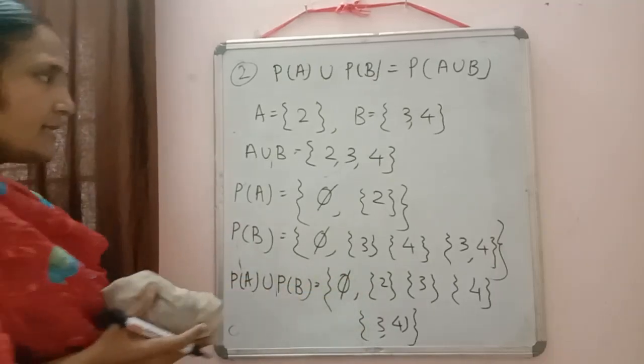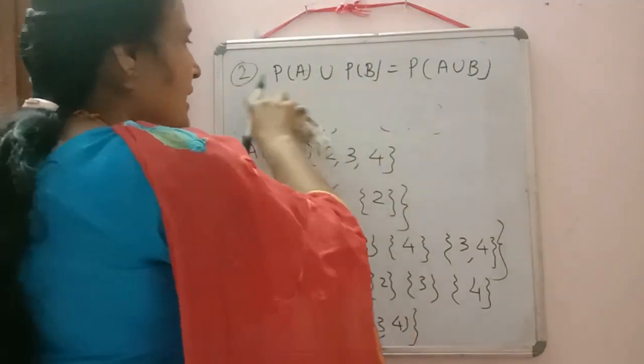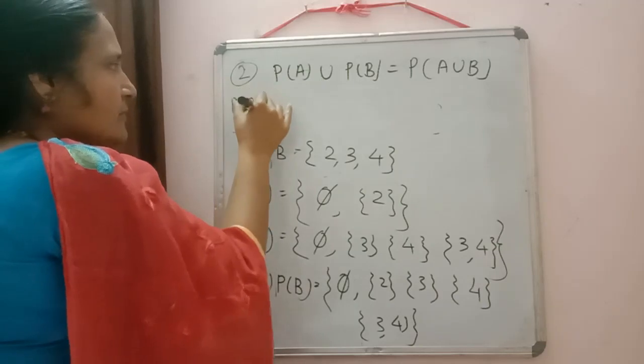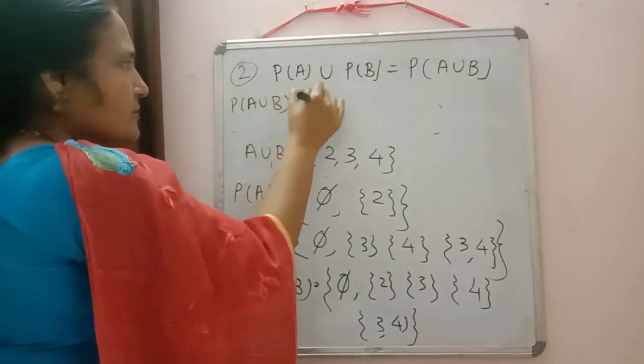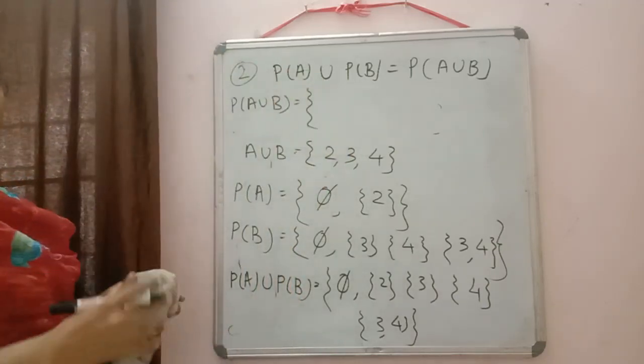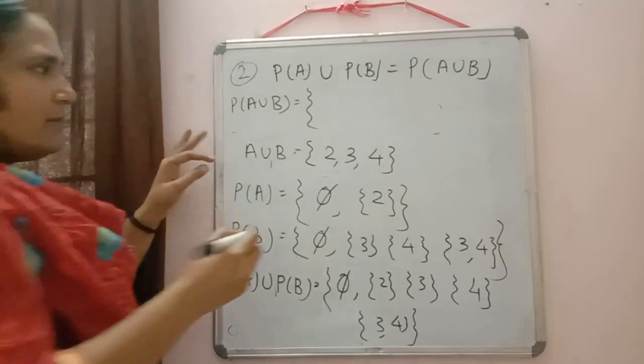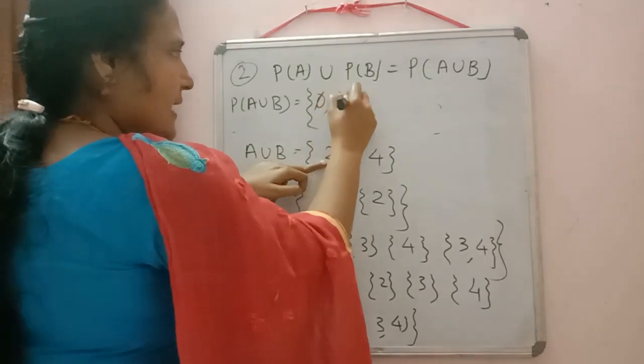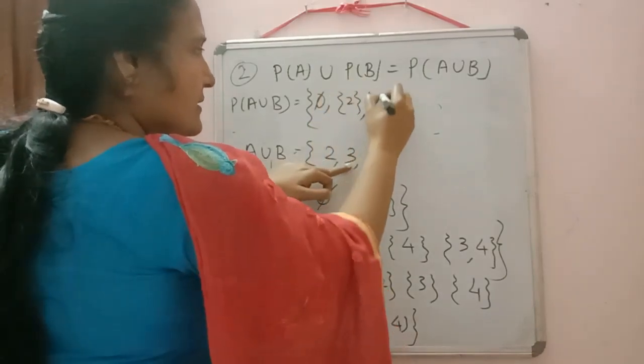Now we will check whether it is equal to power set of A union B. A union B we already wrote here. So power set of A union B, again it is a collection of all subsets of A union B. So first the null set will come. Then single set {2}. Then set {3}.